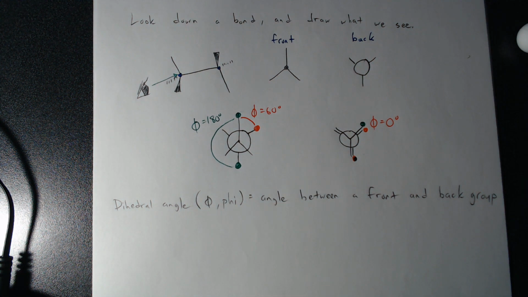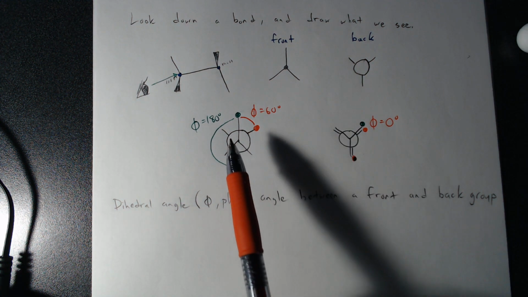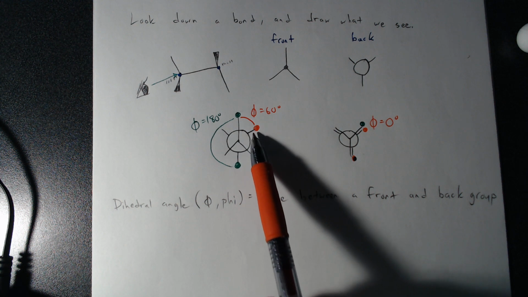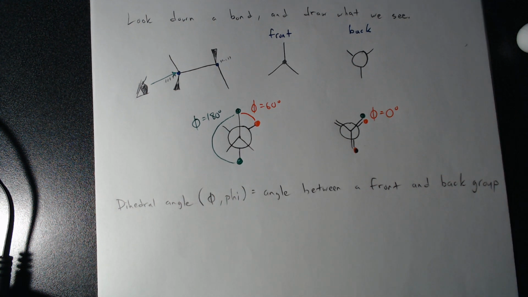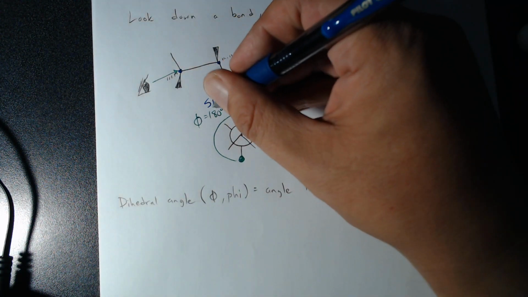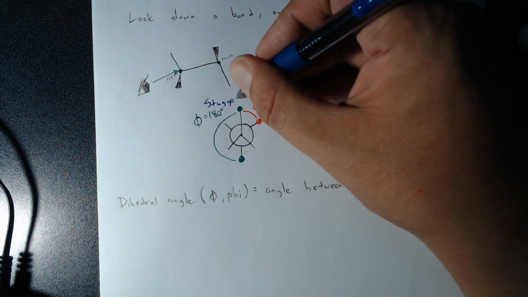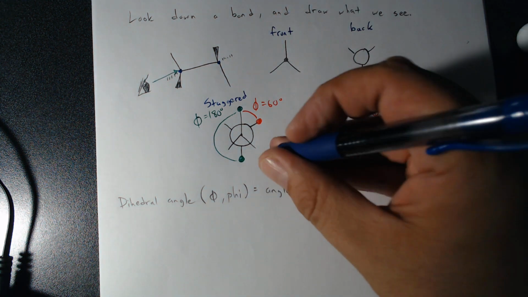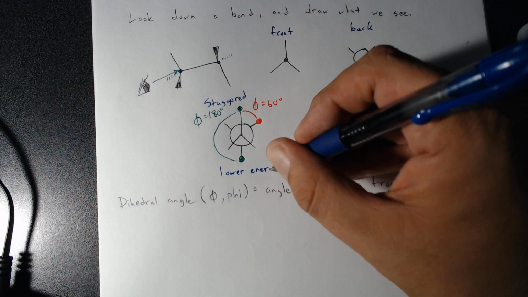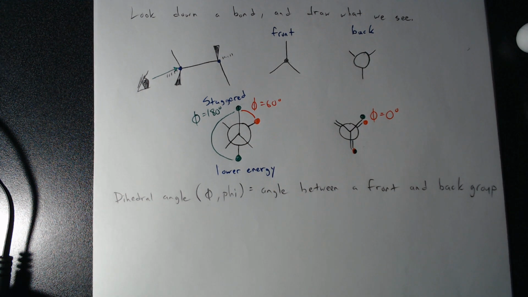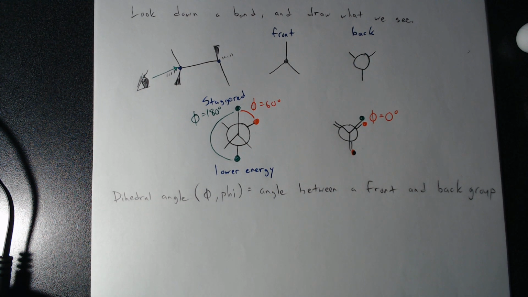In the situation where all of these are 60 degrees apart, this conformation is referred to as being staggered. So this is the staggered conformation, and we're going to call this lower energy. This conformational analysis is kind of an extension of what VSEPR was.